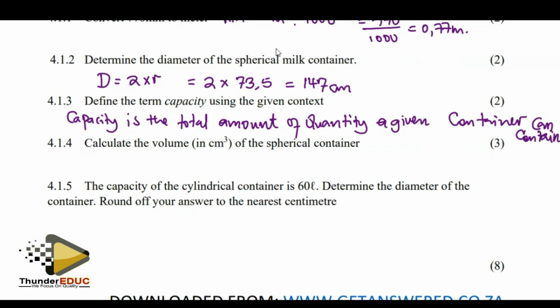You understand? Total amount of quantity a given container can hold or carry.